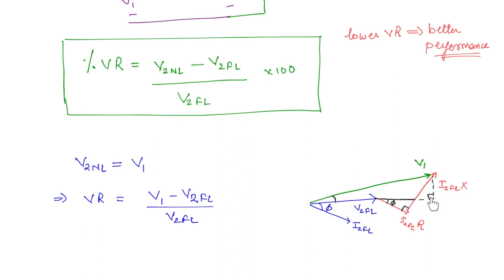And what about this magnitude? Here if it is phi, then this angle is going to be 90 minus phi. So this will also be 90 minus phi. So this angle is going to be phi. So you can mark phi here. Then this value is going to be I2FL X into sin phi. So from the phasor diagram, you can take this as delta.